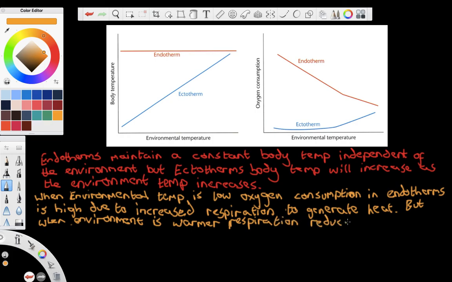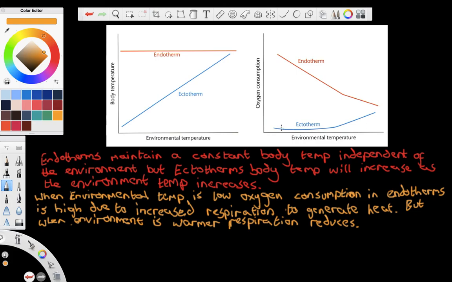Okay? So in endotherms, if it is cold, your cells do lots of respiration to generate lots of heat to keep your body temperature at 37 degrees Celsius. But when it is warm, they don't need to do as much respiration, and therefore they don't need to generate as much heat because it's warmer. So they don't do as much respiration.